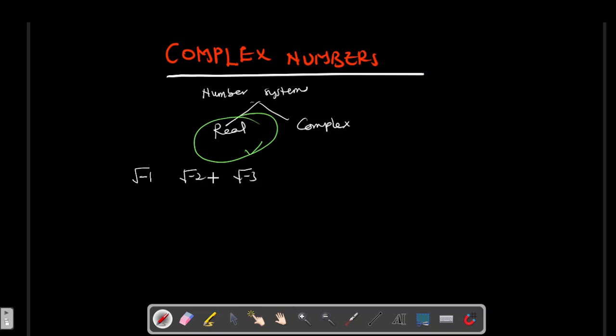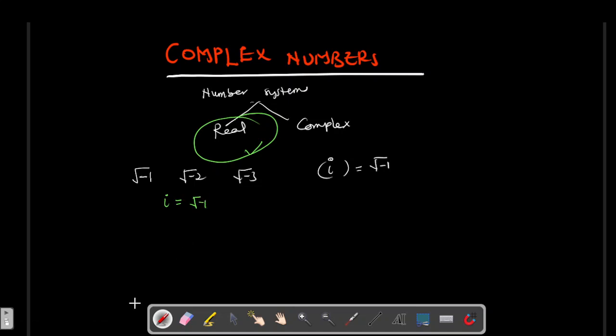Because of that, we introduce what we call the complex operator i. You'll be seeing i a lot in complex numbers. It's called the imaginary unit. So you replace square root of -1, which is the minimum we can get with this. So whenever you see the i operator in complex numbers, it is simply equal to square root of -1.